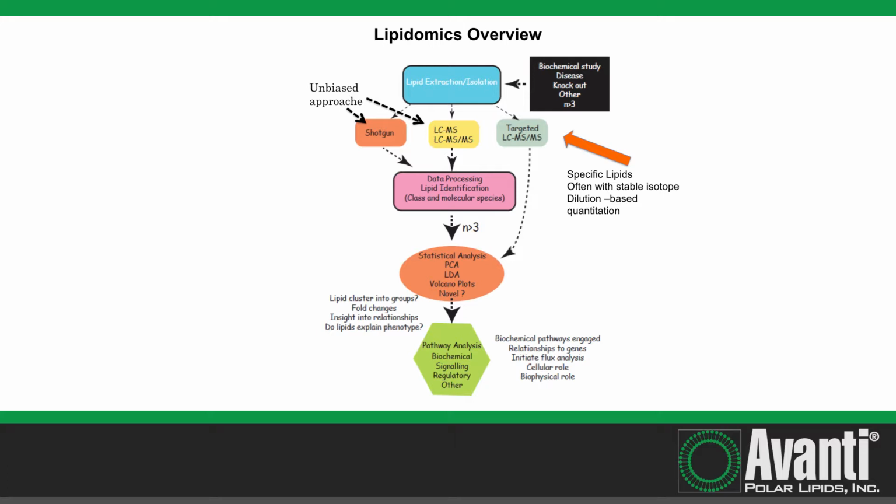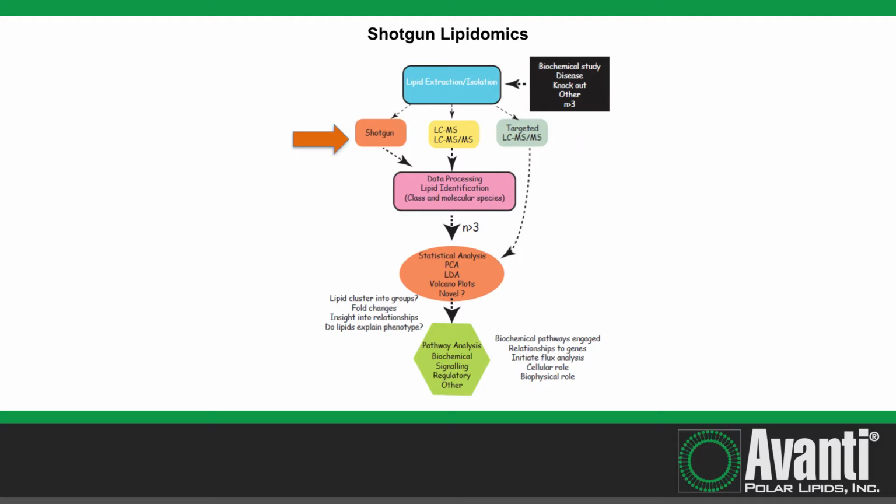However, I must say at the beginning, almost all of these approaches are biased to some extent, and one must always consider what assumptions you are making when you are interpreting the data by either shotgun or the chromatography-based lipidomic approaches. Okay, so let's talk about these in somewhat more detail.